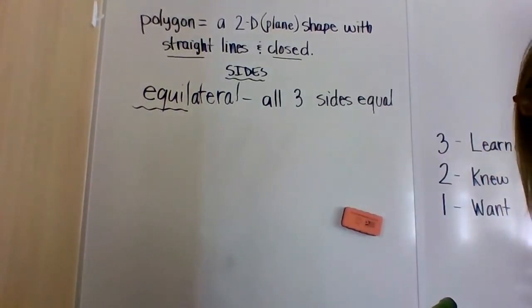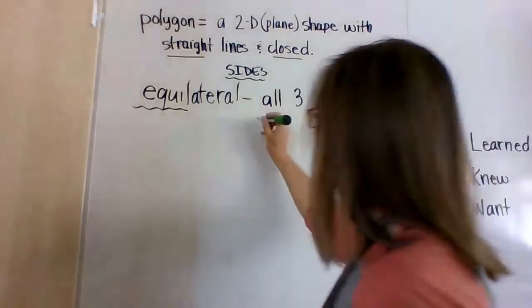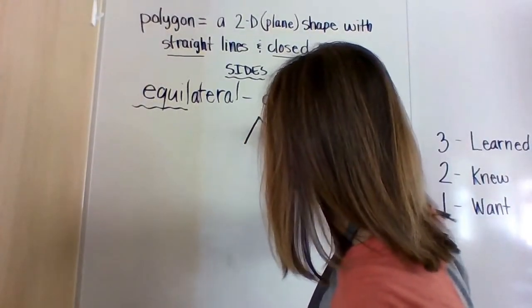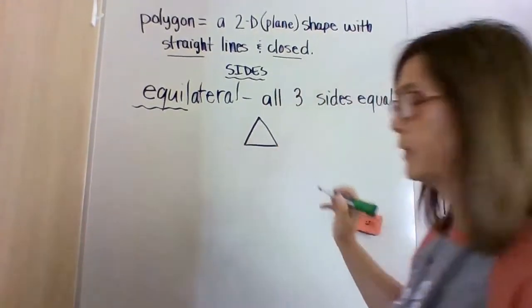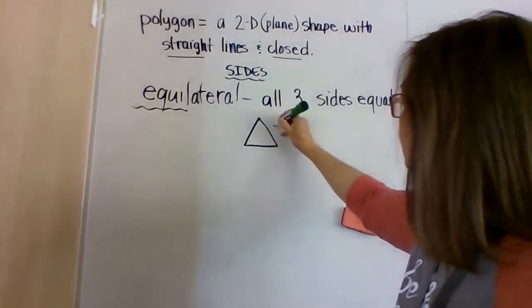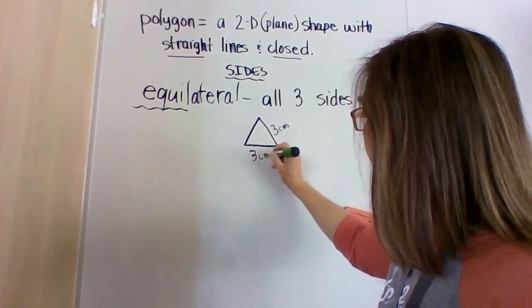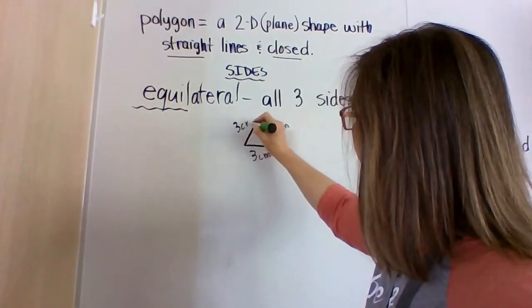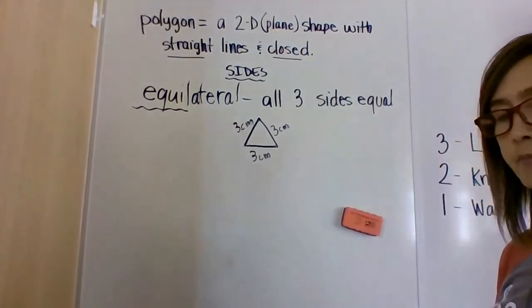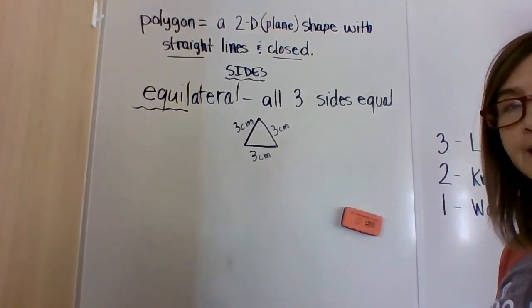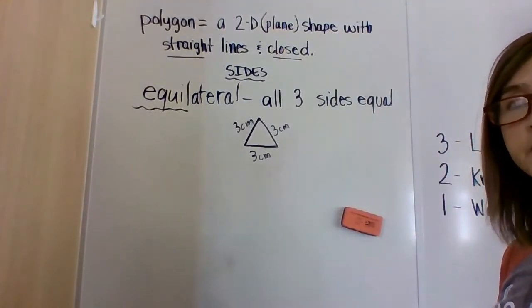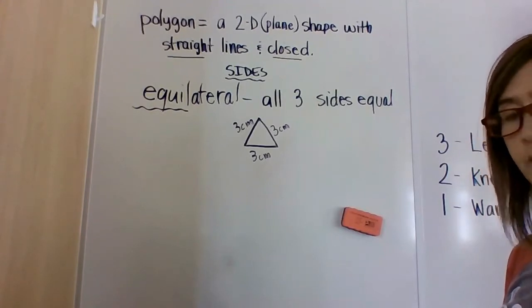An example of that would be if I were to measure exactly, but because I don't have a ruler out, I'll just notate it with 3 centimeters, 3 centimeters, 3 centimeters. So that's an equilateral triangle. Again, I'm classifying just triangles by their sides.